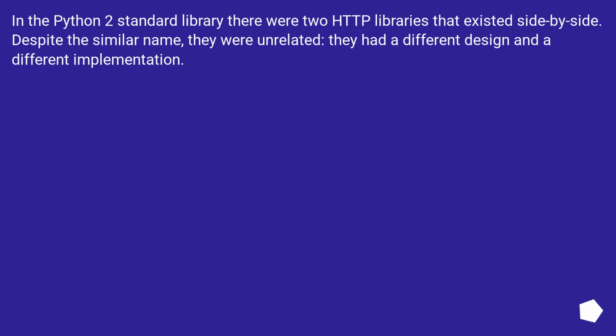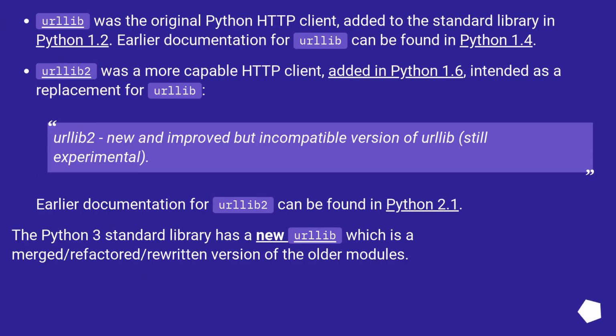In the Python 2 standard library, there were two HTTP libraries that existed side by side. Despite the similar name, they were unrelated. They had a different design and a different implementation. urllib was the original Python HTTP client, added to the standard library in Python 1.2.